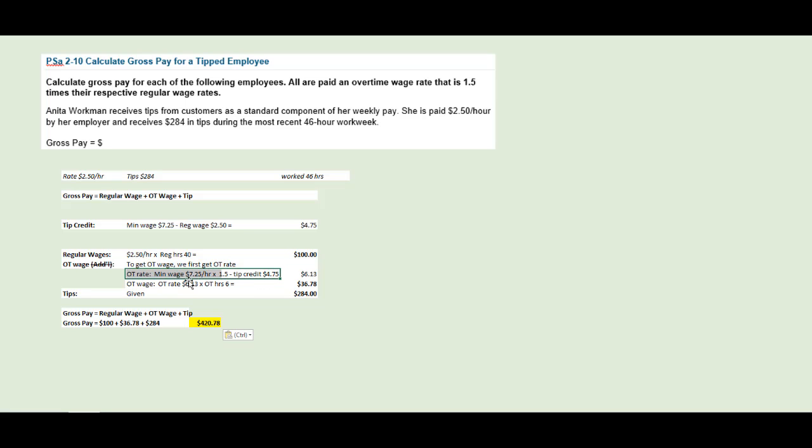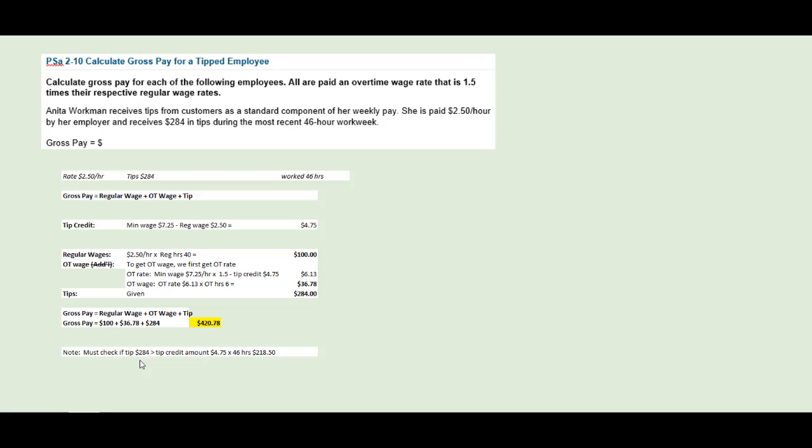The overtime rate is 1.5 times the minimum wage rate, minus the tip credit. Once you get the overtime rate, you multiply by 6 hours of overtime to get the overtime wage. Then you add in the tips given directly in the problem, $284. So these three items sum up to $420.78.